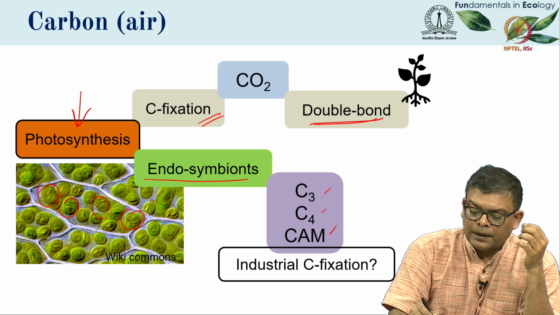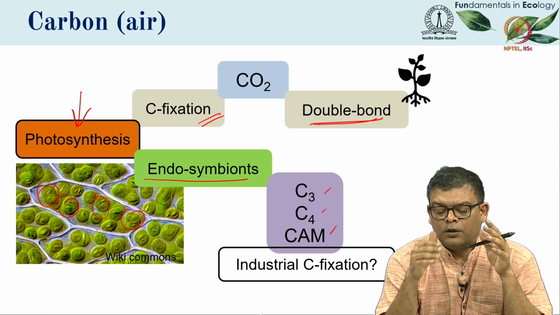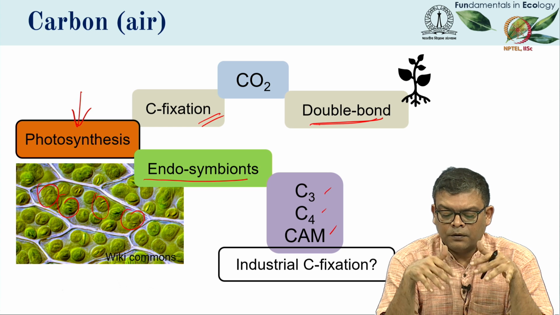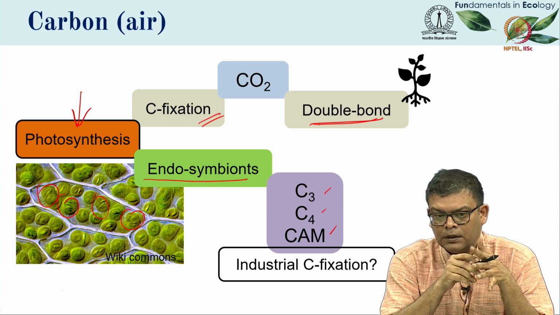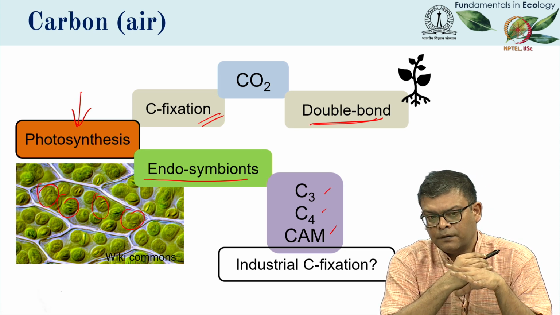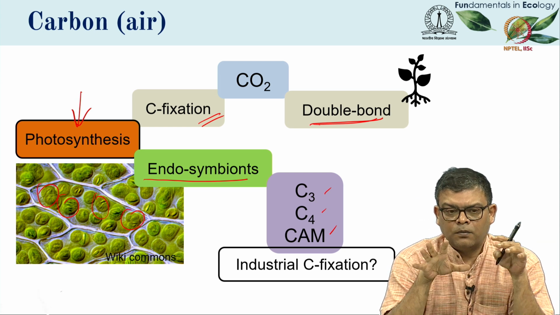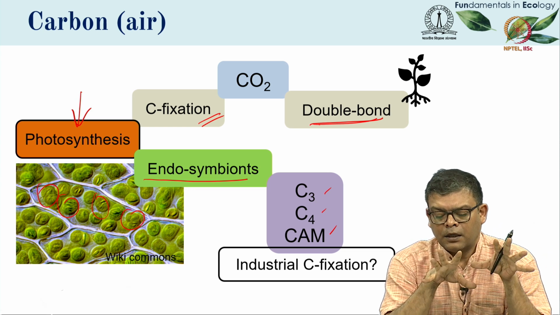So the major evolutionary innovation that led to the evolution of C4 from C3 is actually a decline in atmospheric CO2 levels. Many millions of years ago, due to plate tectonics, the continents were not in their current location.